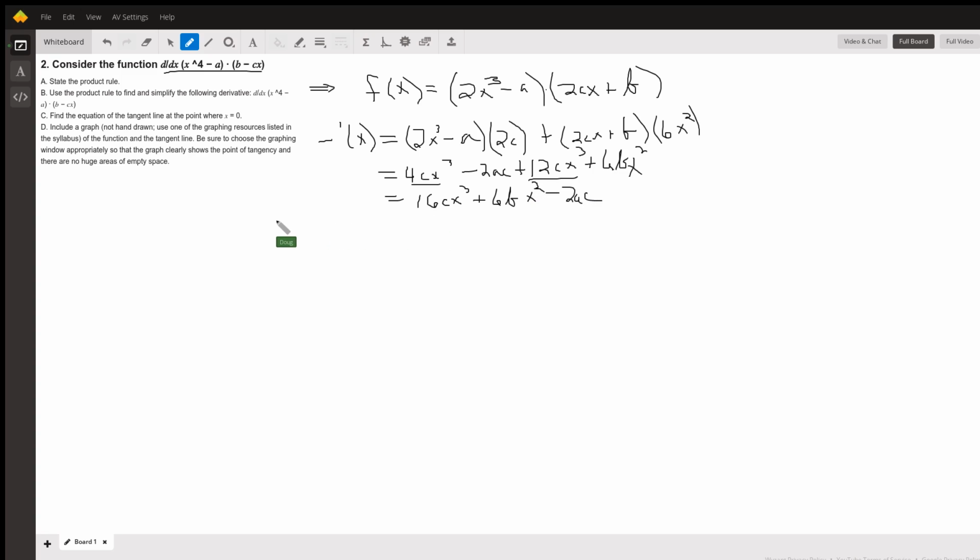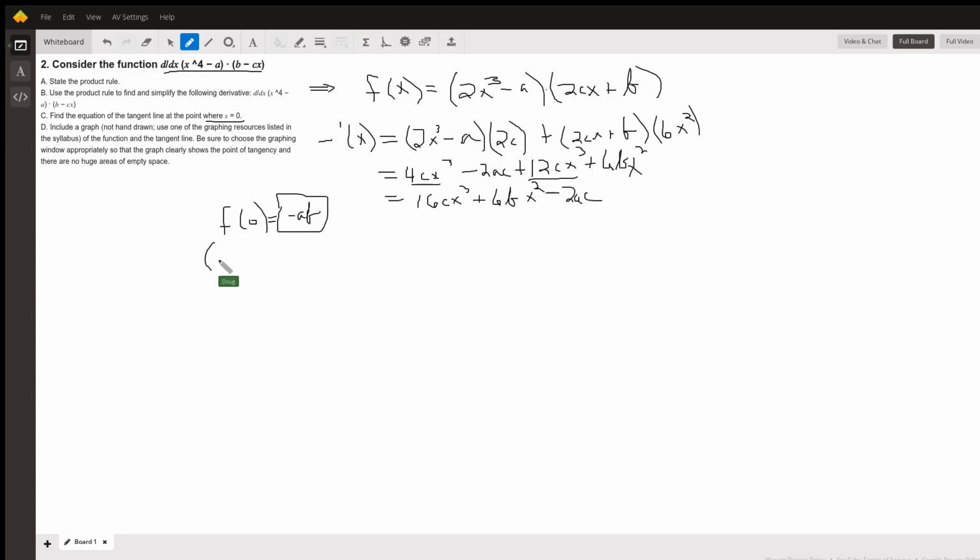Now, what's the point on the curve where x is 0? If we want to find f of 0, we'll put 0 in for x, and we get, for this first factor, minus a times, 0 in for x, b. So there's an expression that represents the y-coordinate of the point of tangency.